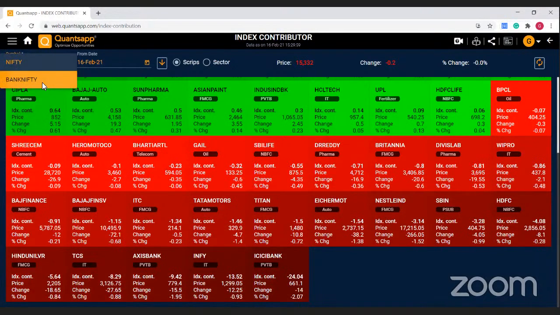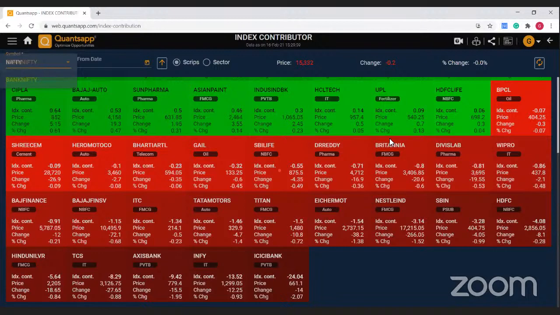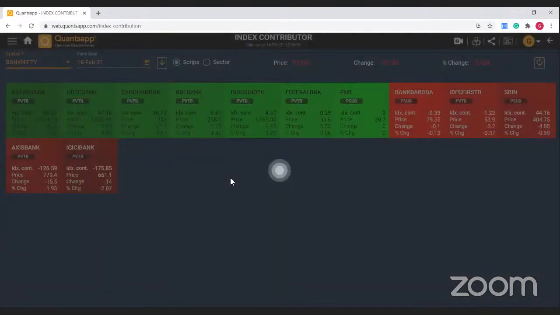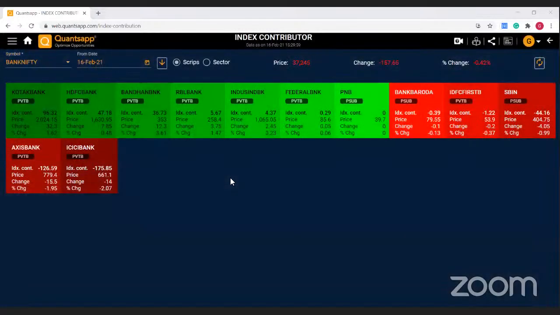Now coming to the Bank Nifty. Bank Nifty is a place where SDFC, ICICI Bank or Kotak Bank sometimes lead the whole Bank Nifty. So if you see that today ICICI Bank future price was down by 2%, and you can see the contribution. It was nearly 175 points of contribution.